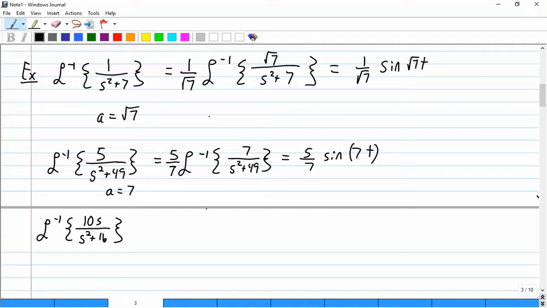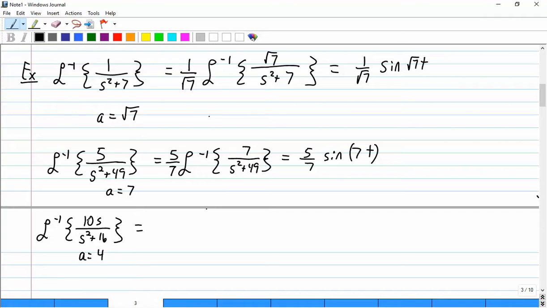That's right. That would be a cosine problem because we have an s in the numerator and an s squared plus something in the denominator. So would it be 1/10 cosine 40? Well, what would your a be equal to? 4. Your a is 4, right?